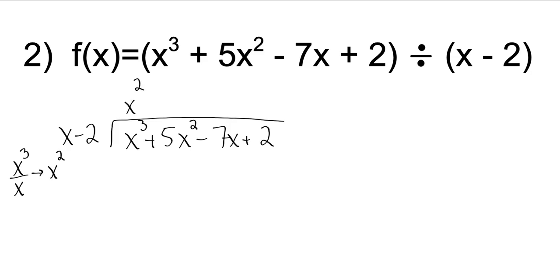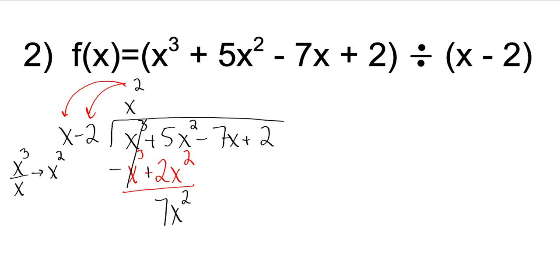Now we've got to multiply x squared through both of these. We'll have x to the third minus 2x squared. And remember what we have to do with these. Switch the signs because we want to subtract. So those are gone. We get a 7x squared.